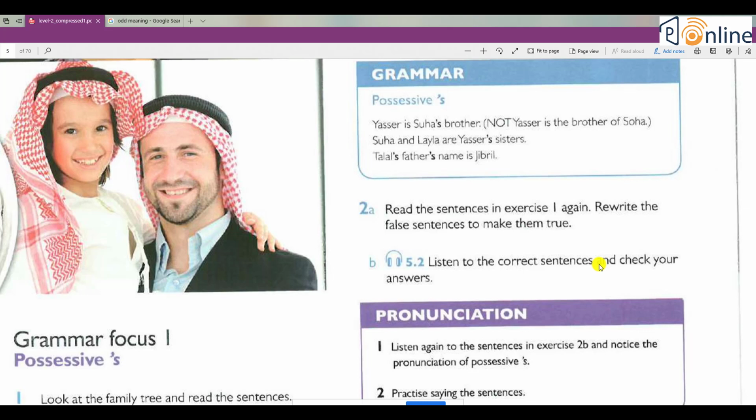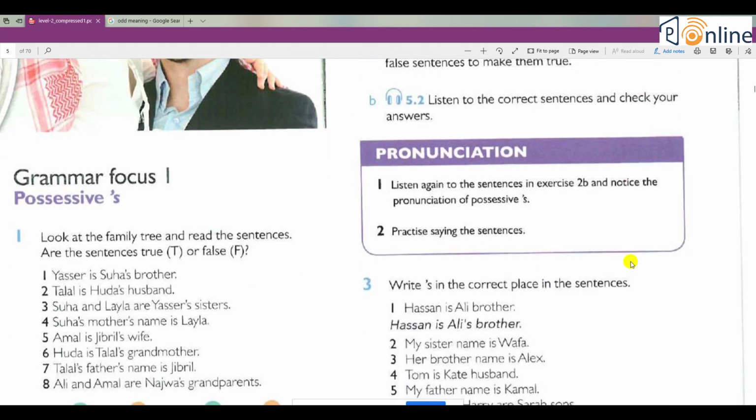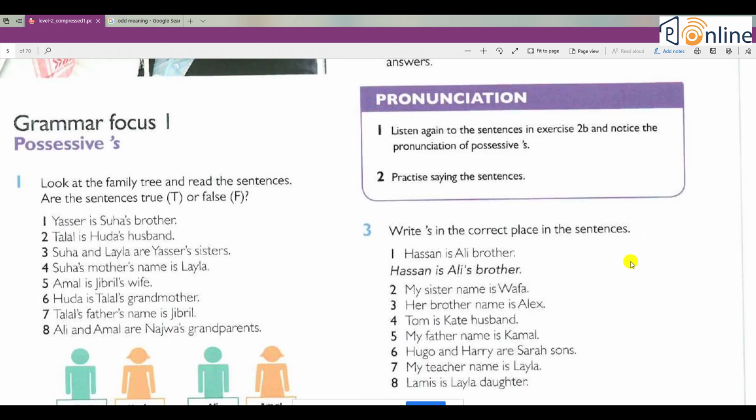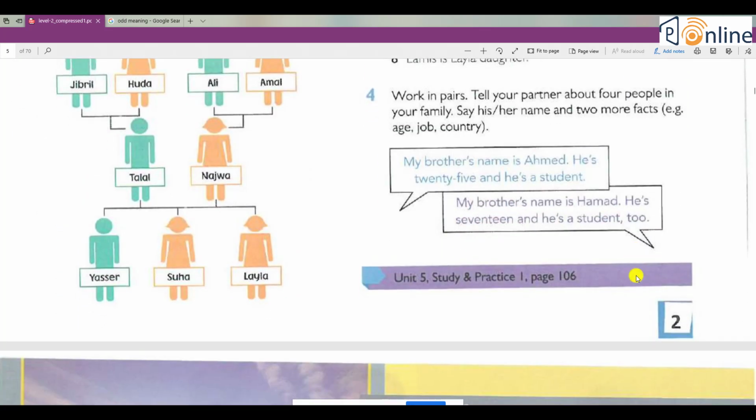The S which you hear at the end shows ownership. I want to say the car of my brother, but we'll say my brother's car. We say who or what belongs to someone or something. So this is exactly what we are going to learn next time. All right, we'll focus on this part of the grammar in the next lesson.